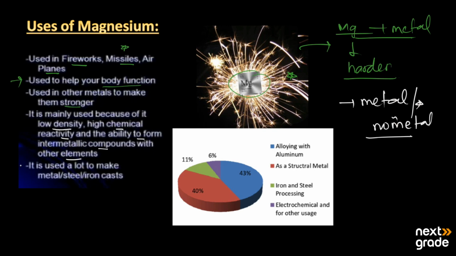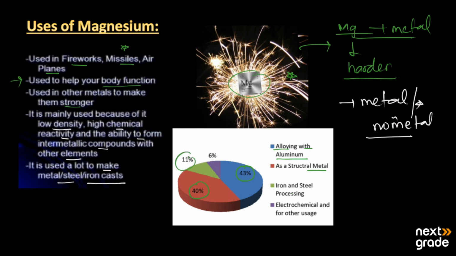The last use of magnesium is that it is used a lot to make metals, steels, and cast iron. So it helps us make different types of alloys. It can be used as an alloy with aluminium, and 43% of the alloys are made up of magnesium and aluminium. It is also used as a structural material, not as an alloy, at 40%.